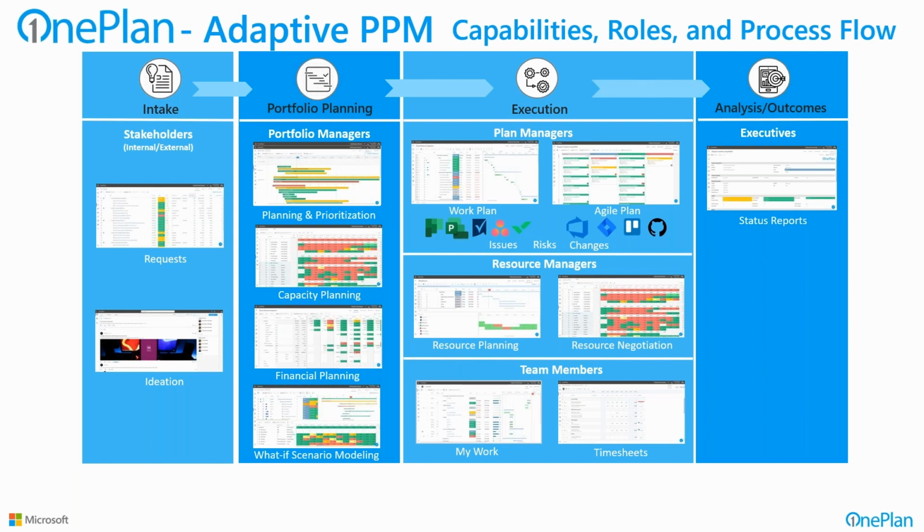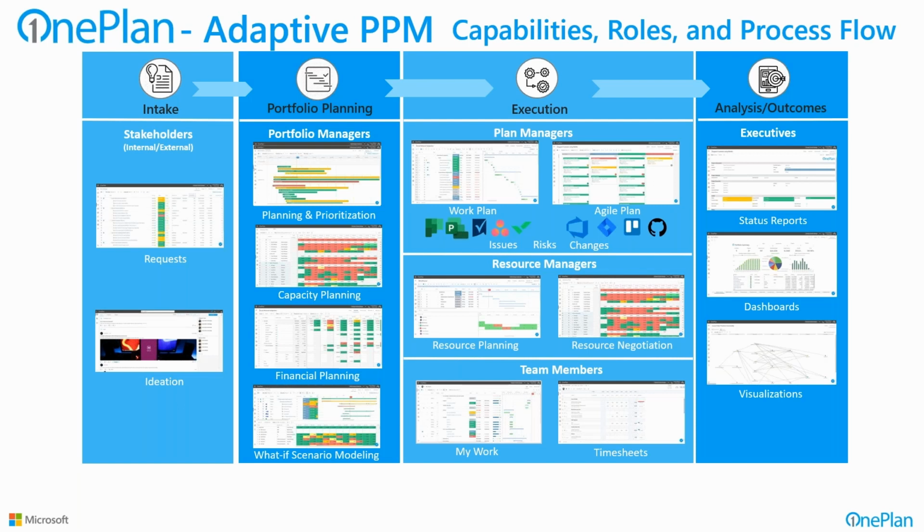Now, the analysis and the outcomes, this is really where, as we're tracking, native status reports for your projects come as a natural output of the process without you having to manually create these each reporting period, yet having the flexibility to add your own narratives to it as you would into a status report. Or maybe just overall dashboards so you can report at different levels to stakeholders and executives, at the portfolio level, the program levels, down at the project level, et cetera, even down to the individual resource level.